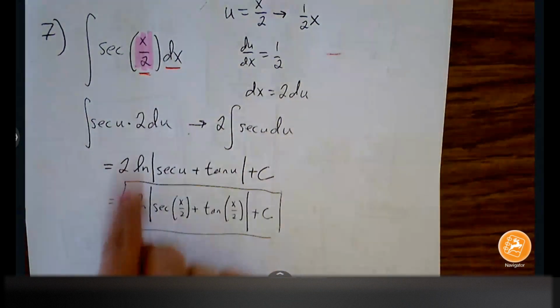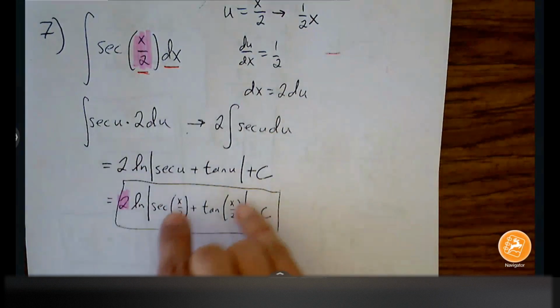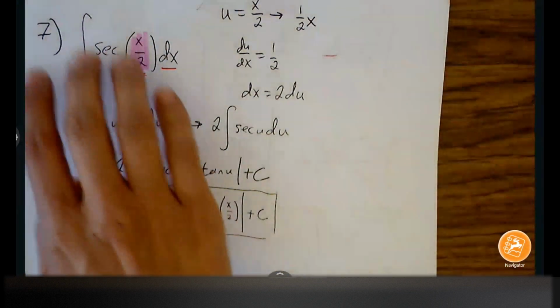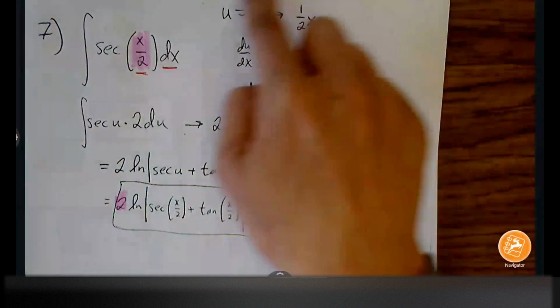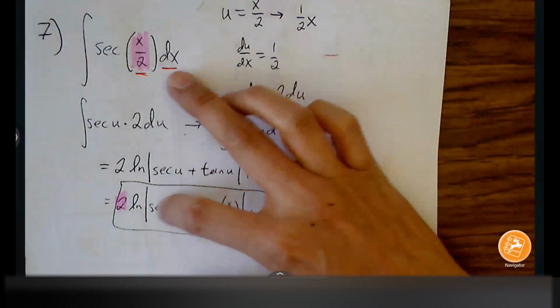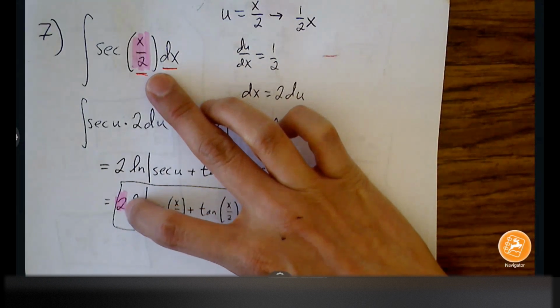So if you can see that pattern, then you can jump from here directly to here, without having to go through these additional writings of u and keeping track of all that.